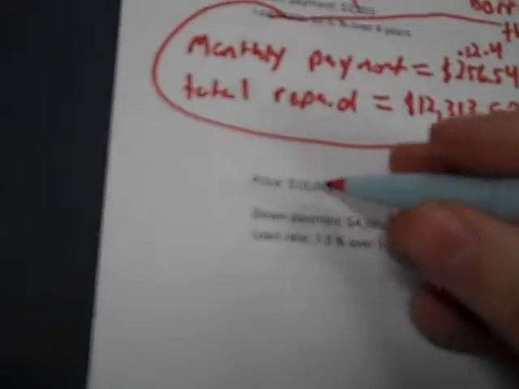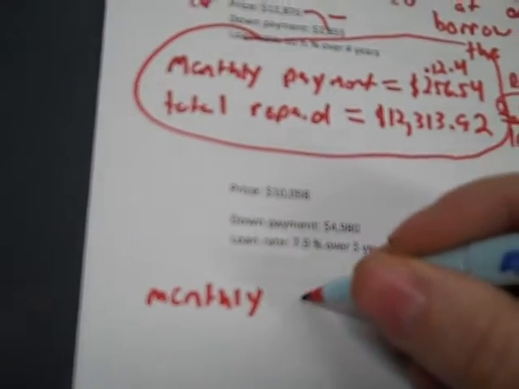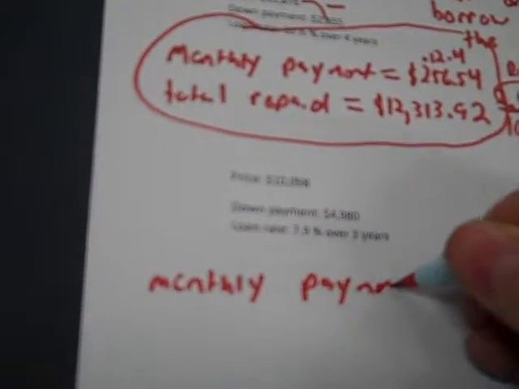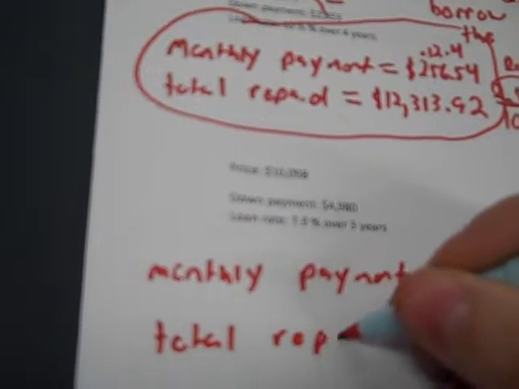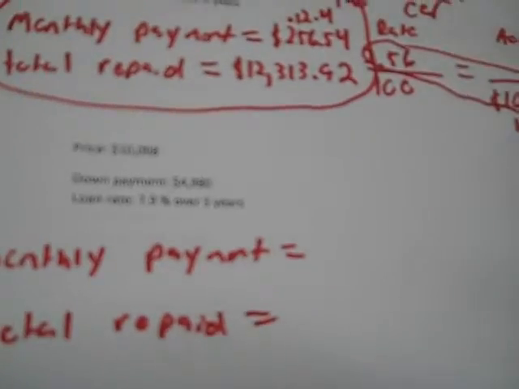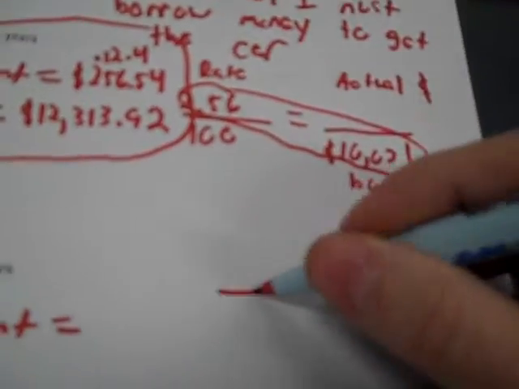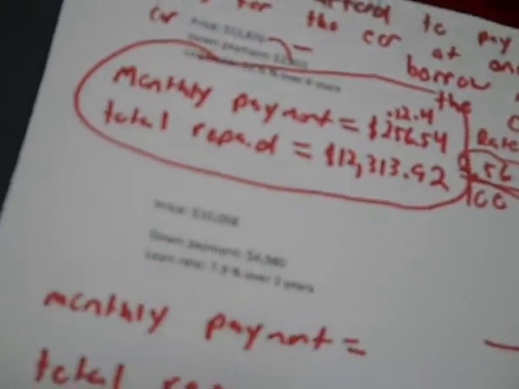So again, I need to find the monthly payment and the total amount repaid. Okay, so to find my monthly payment, it's 7.9% over 3 years.